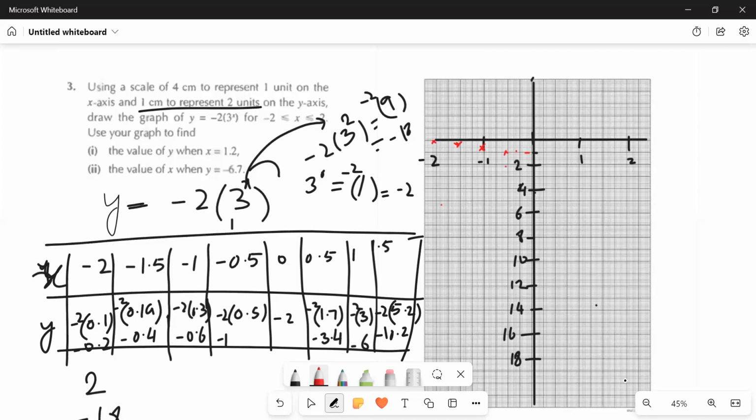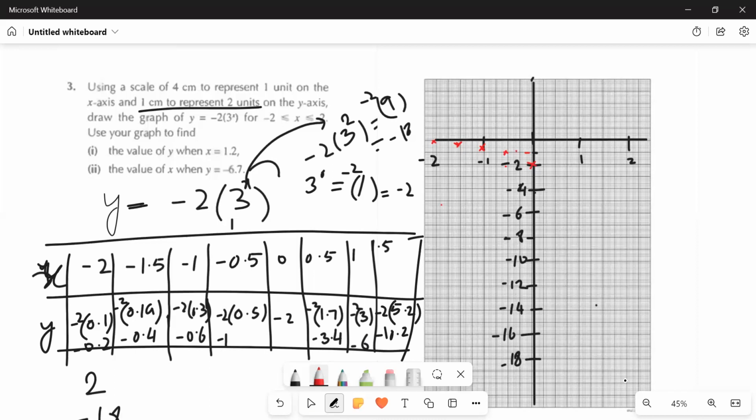These are all negative values. I forgot to write the minus sign. These are minus signs. Okay, for 0 it is minus 2. For 0.5, this one is 0.5, so 0.5 is 3.4.